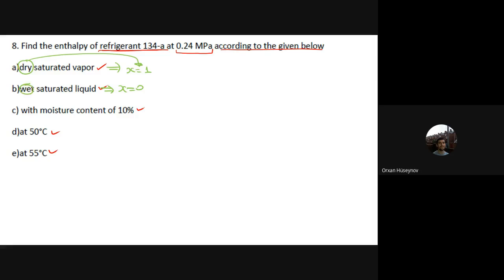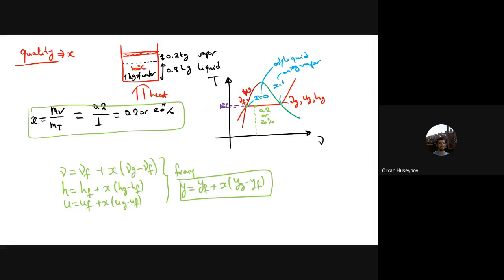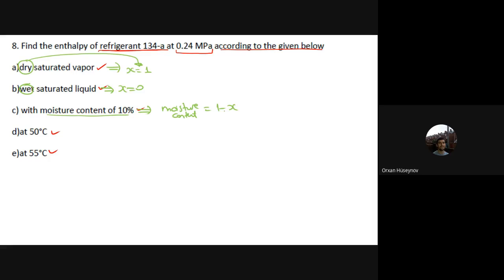So this part means it has quality of 0 with moisture content of 10%. So here you have the moisture content. It will be 1 minus quality, because the quality shows the vapor content. Therefore, the moisture content will be the opposite of it. So here you will have 90% quality.